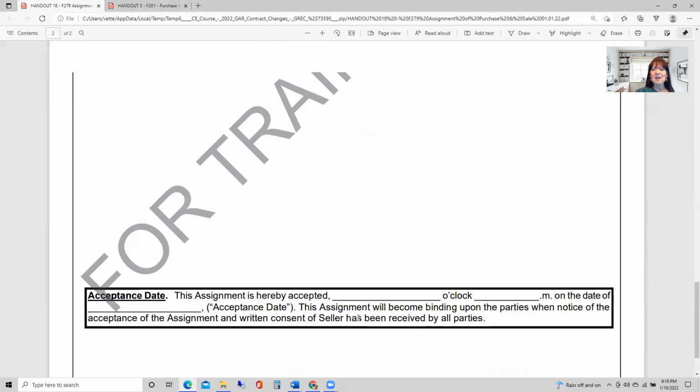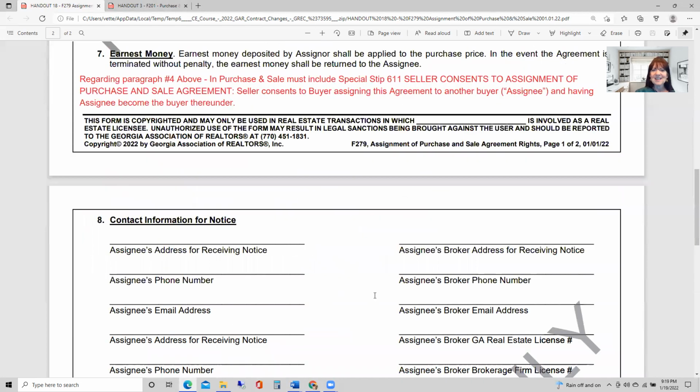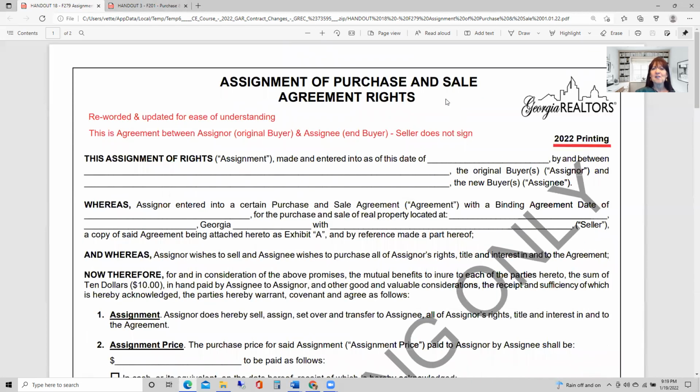Again, it is GAR form F279. It is called Assignment of Purchase and Sale Agreement Rights. And as I said, stay tuned for a further, more in-depth explanation of how this actually works in practice.